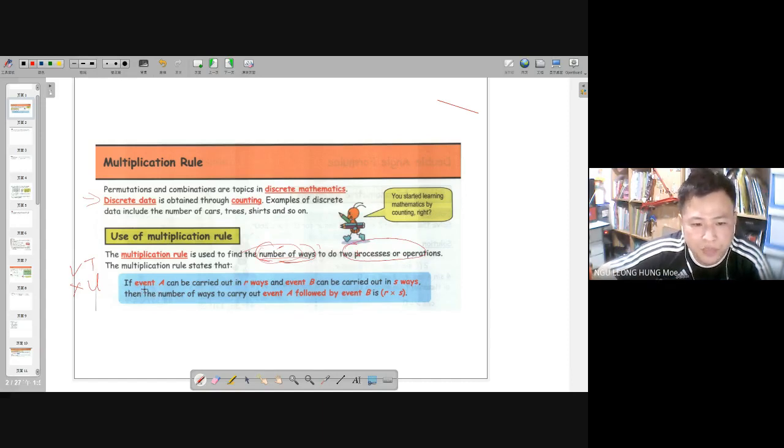Let's say if event A can be carried out in R ways and event B can be carried out in S ways, so the number of ways to carry out both will be R times S. If you just read through the sentence, I can confirm you won't understand.